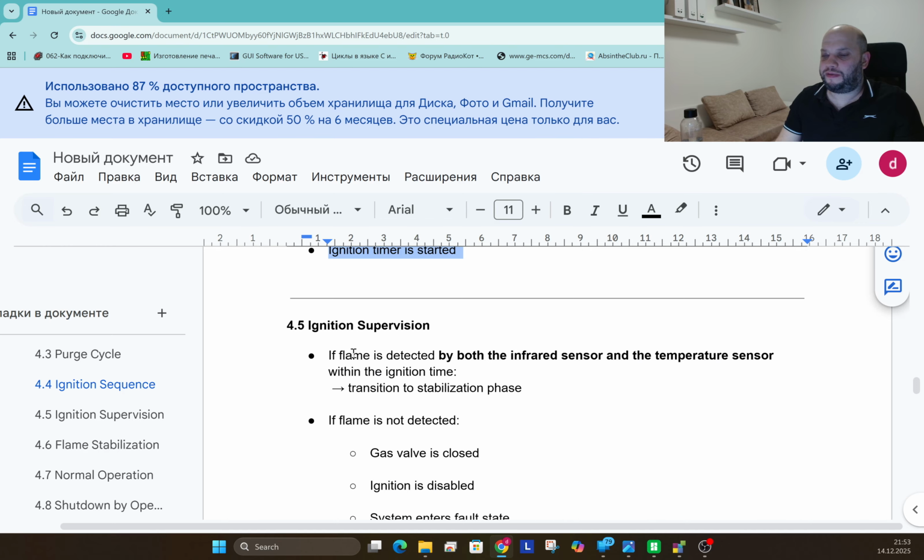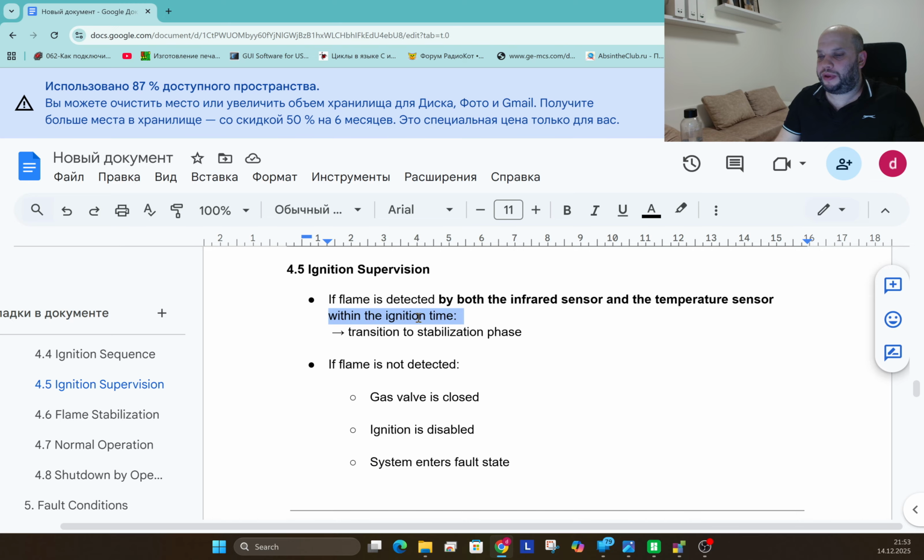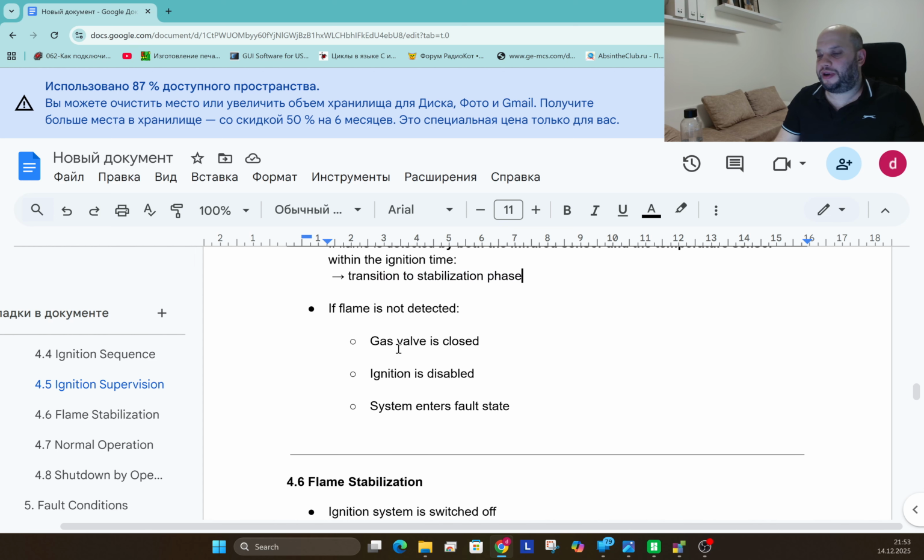Ignition supervision. If flame is detected by both sensors within the ignition time, so we need to get information from the temperature sensor and from the infrared sensor. If everything is fine, we can go to the stabilization phase. If there is some problem, one sensor is not detecting the flame, so this is a problem.